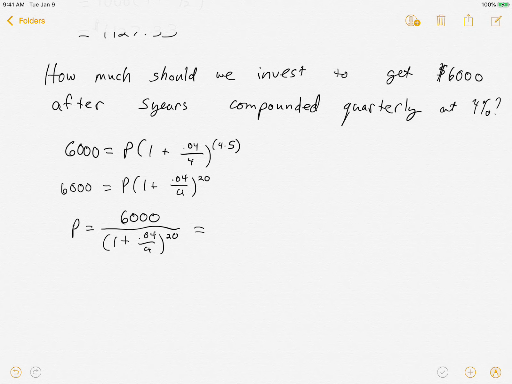Let me grab my calculator. 6,000 divided by 1 plus 0.04 divided by 4 to the power of 4. Well, I'll just do 20. I was going to say do 4 times 5, but I'll just do 20. And we come up with $4,917.27. That's how much money we would need to put into the account to get that much back.